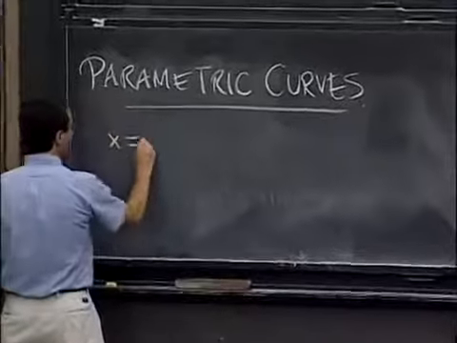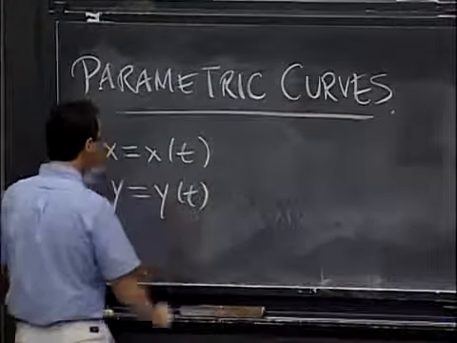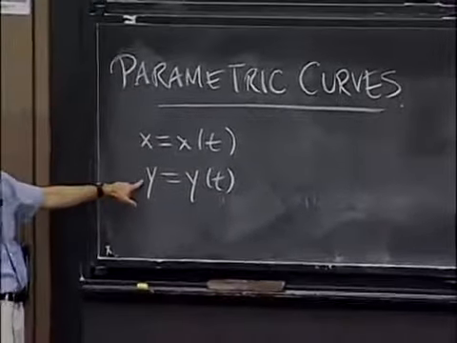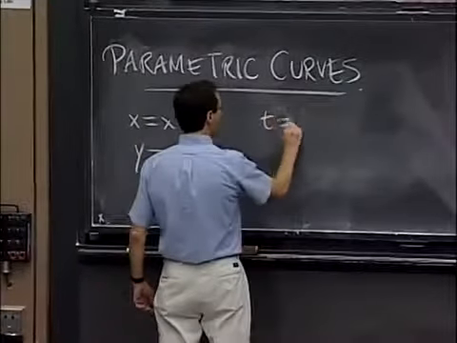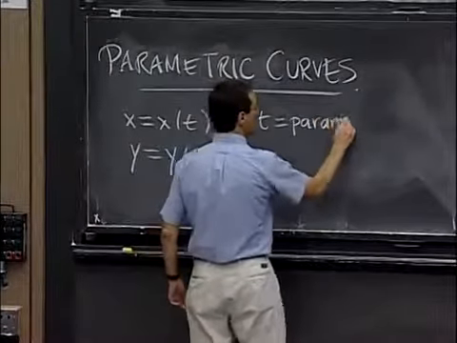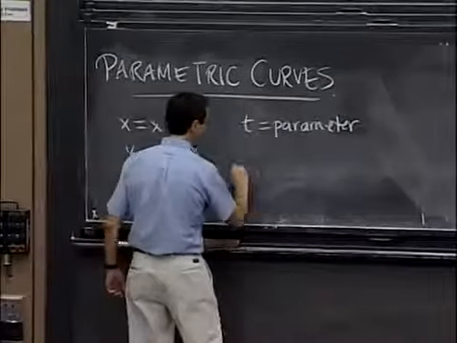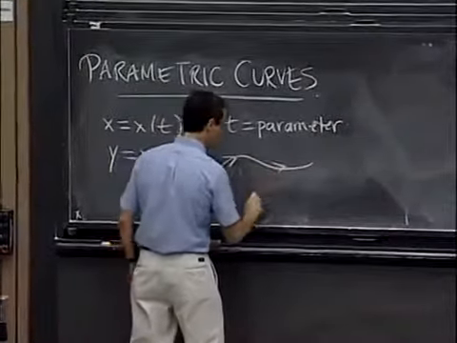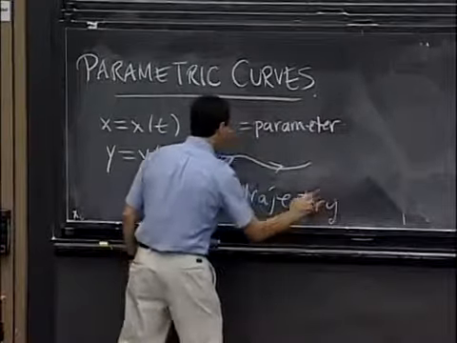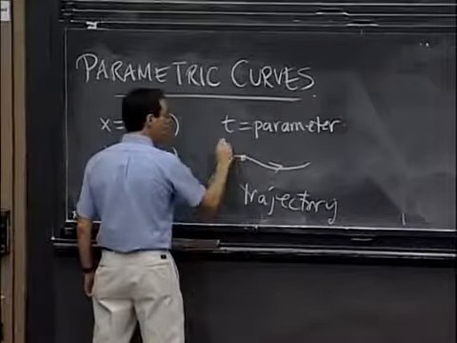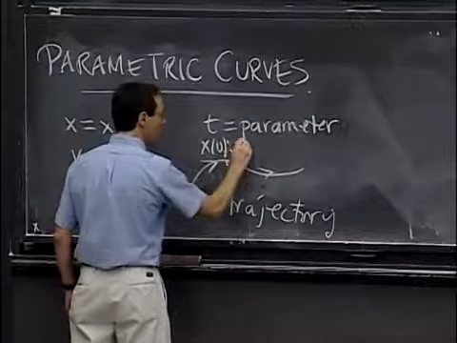We're going to consider curves like this, which are described with x being a function of t and y being a function of t. And this letter t is called the parameter. In this case, the easiest way to think of it is as time. And what you have is what's called a trajectory. So this is also called a trajectory. And its location, let's say, at time 0 is this location here, x of 0 comma y of 0.